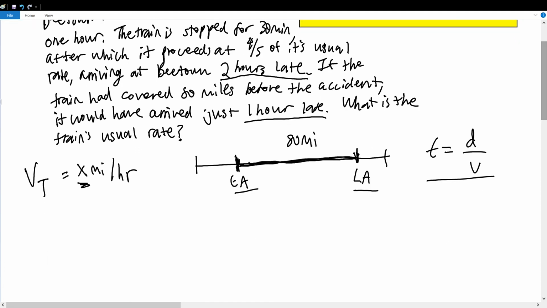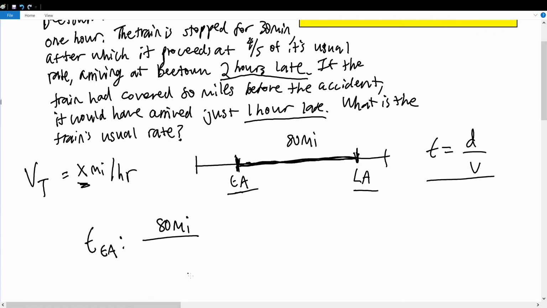So let's say the first scenario plays out and the accident happens early on. That means the time it will travel this 80 miles, and think about why we're trying to find the time for which it travels 80 miles, because this 80 miles is what's affecting whether it arrives 2 hours late or 1 hour late, and that is time. So the time, if it happens at EA, will be 80 miles divided by the velocity.